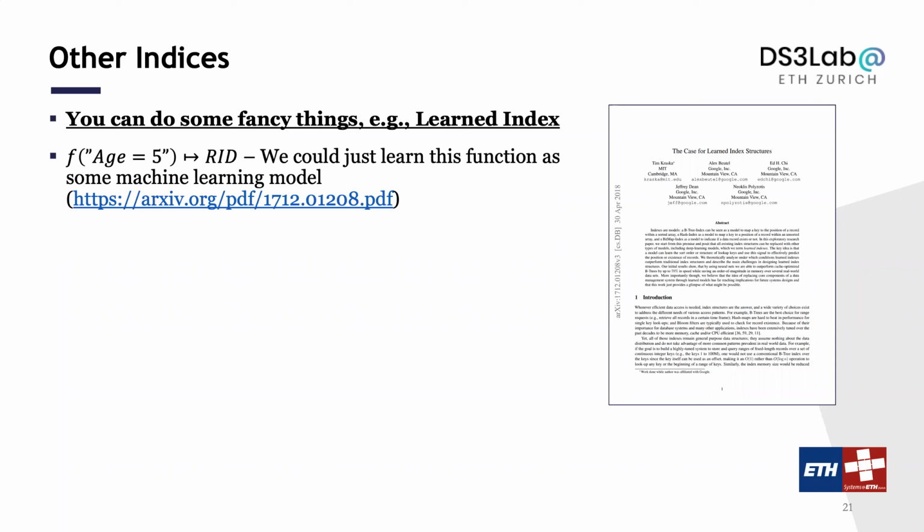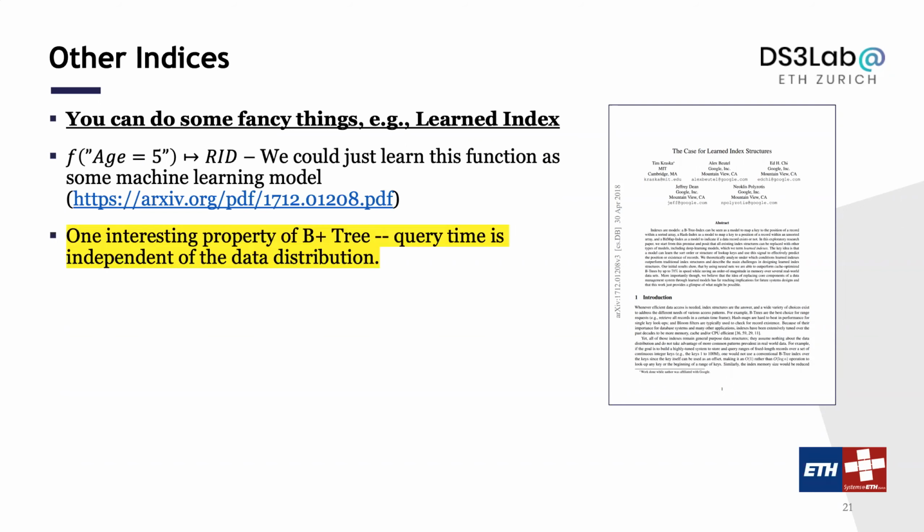So you could just treat it as a function and learn this function with some machine learning model, like a higher order polynomial. There are so many things you can play with if you take that view. Let's get some intuition about why that could even work.